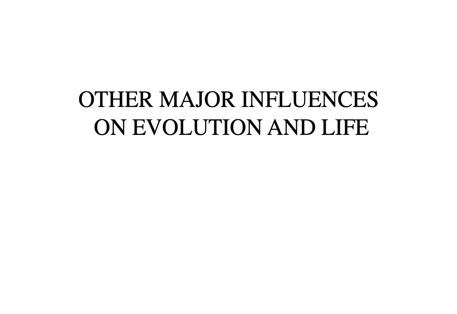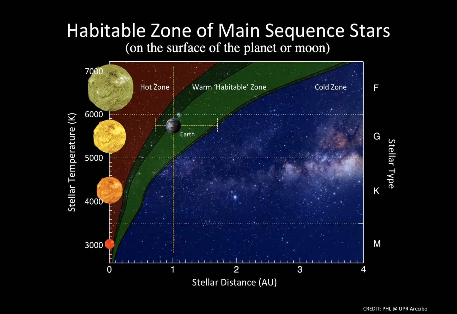So here are some other major influences of evolution and life on Earth, things that made it possible for life to develop and evolve on Earth. One thing that influences life is whether it's in a habitable zone near whatever star it's near. So we're near the sun, right? So it has a certain temperature. There are hotter stars and there are colder stars.